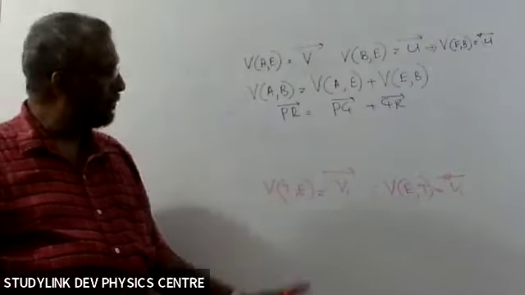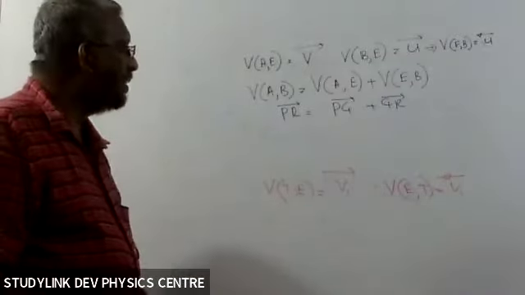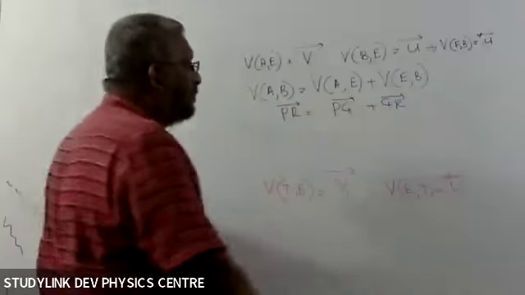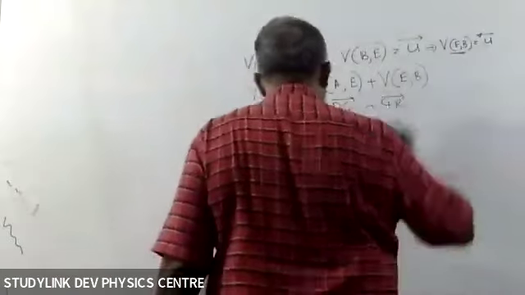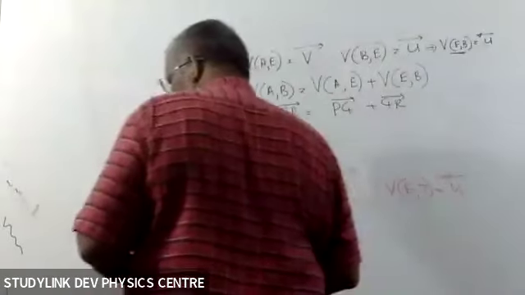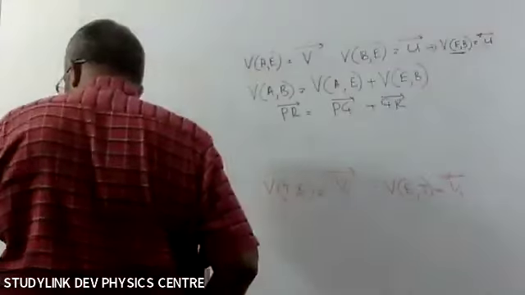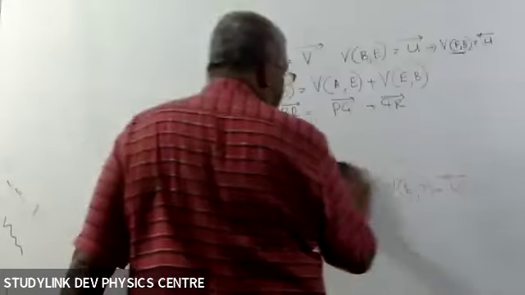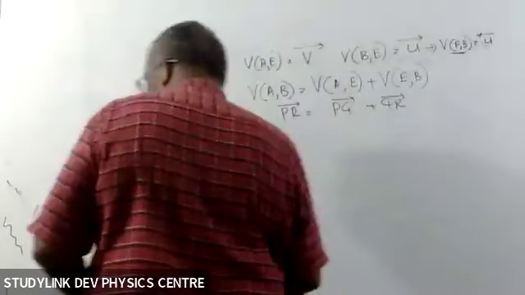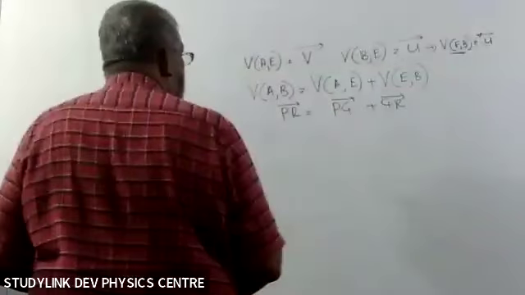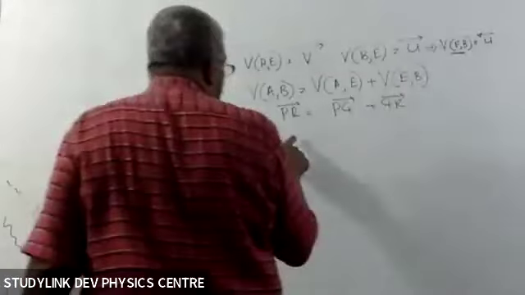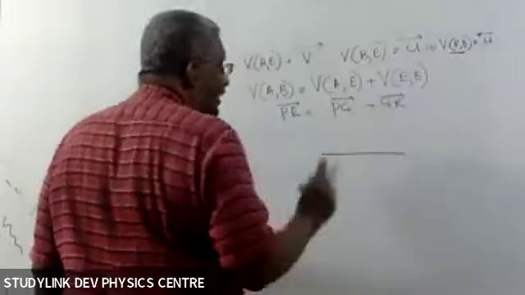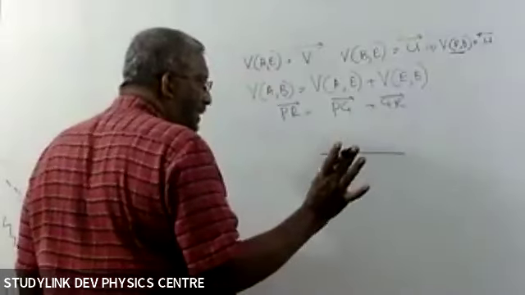Right, next one. Now this is applied here. Now we'll see what's happening with this. Velocity of A is moving in this direction. There are two situations I have to consider.